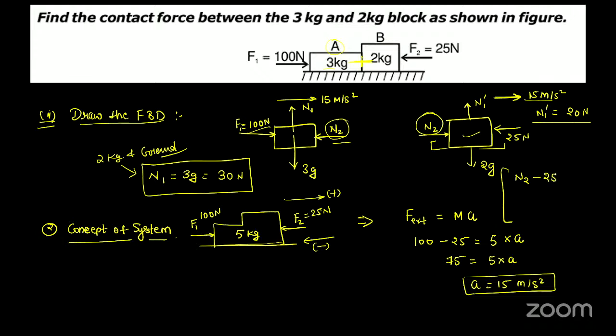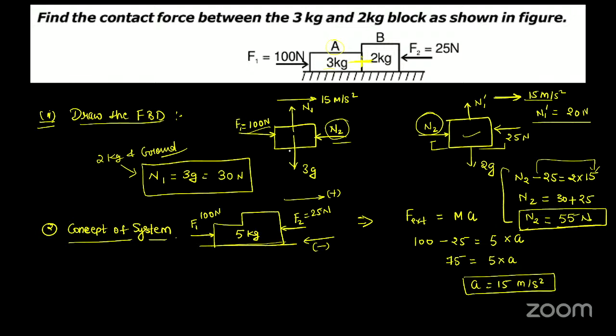So N2 minus 25 equals mass of the block, which is 2 kg, multiplied by the acceleration, which is 15. So N2 here will become 30 plus 25, because 25 comes to this side as positive. So N2 is coming out as 55 Newton. This is the value that we are seeking.